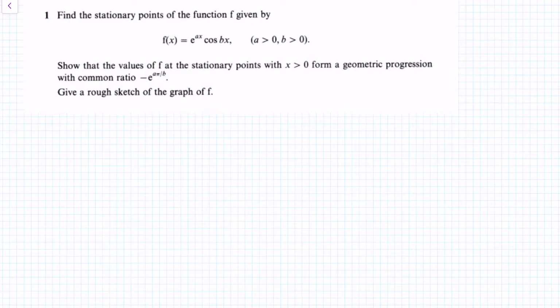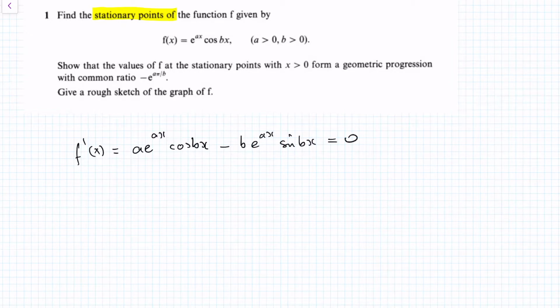Right. So let's go step by step then. Find the stationary points. Well, we know f dashed of x is 0, so we have a e to the ax cos bx minus, it will be minus because when we differentiate cos we get sine, so it will be b e to the ax sine bx is 0.